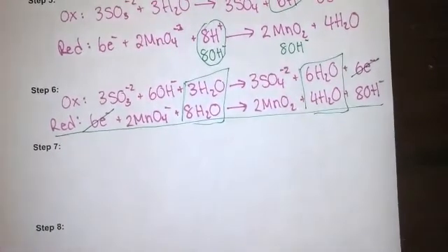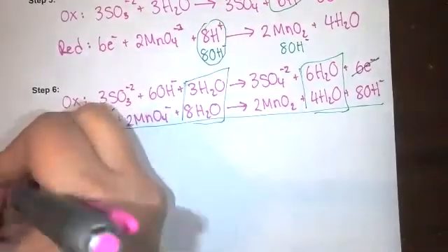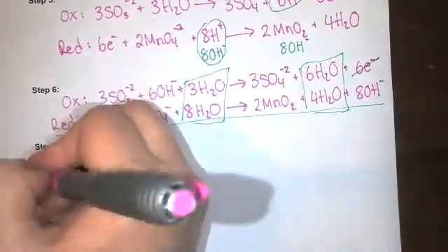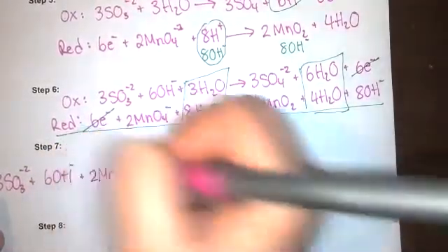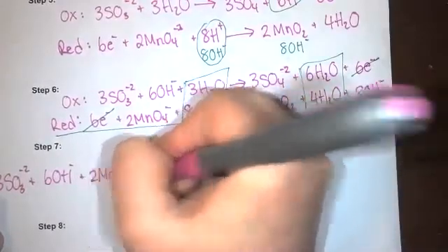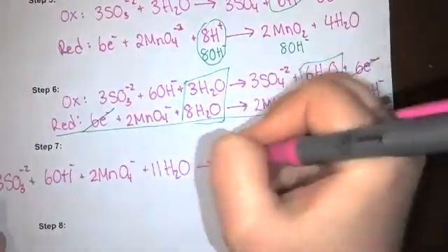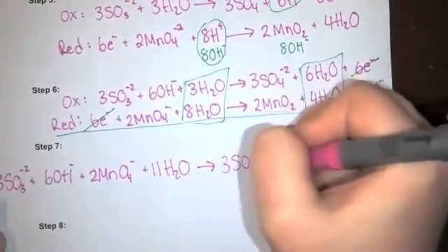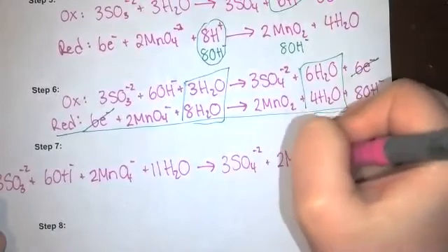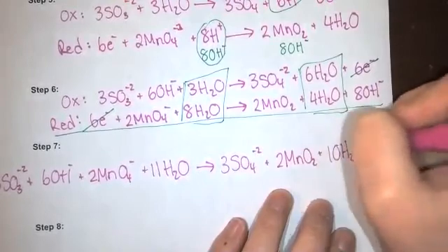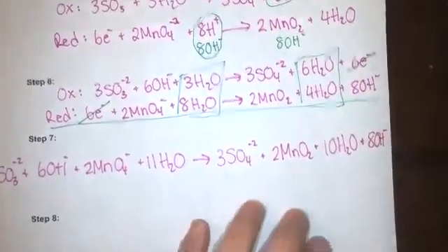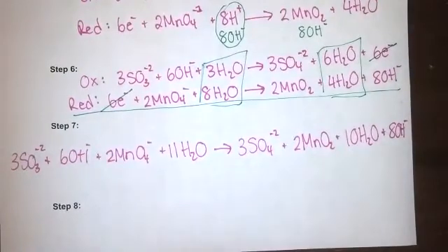So my overall step 7 now, making sure I'm keeping track and that I don't lose any substance. I'll add my waters together, so that's a total of 11. Then on my other side, a total of 10, but then 8 hydroxides. So really just make sure you're not losing anything. You're keeping track of everything there. We're dealing with a lot of different ions.